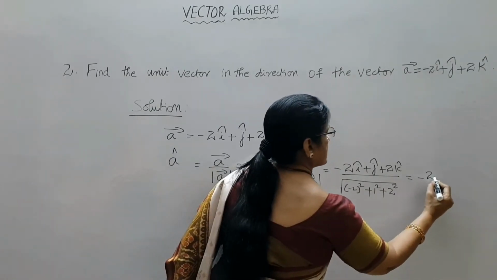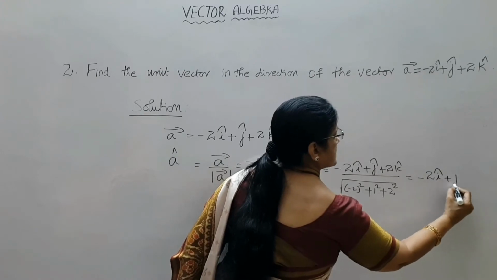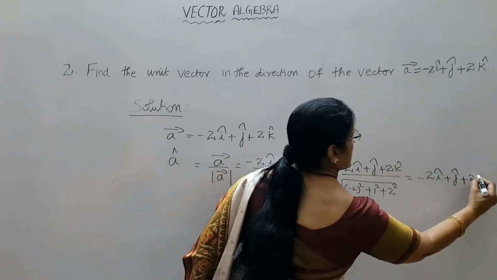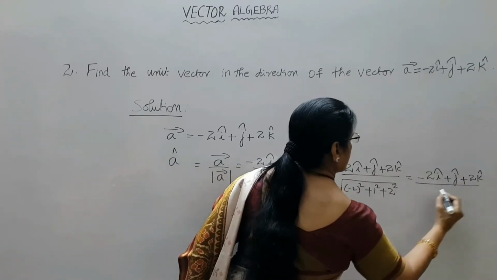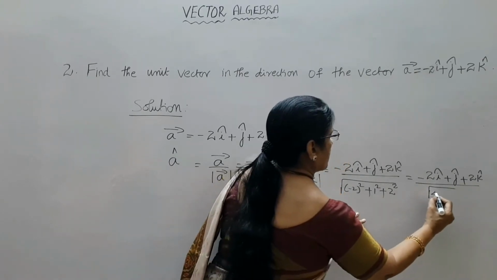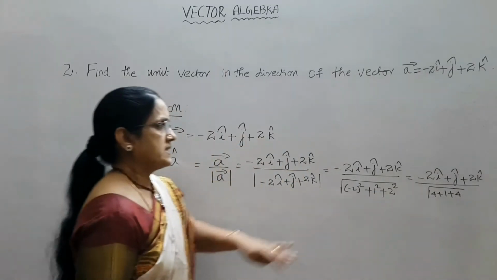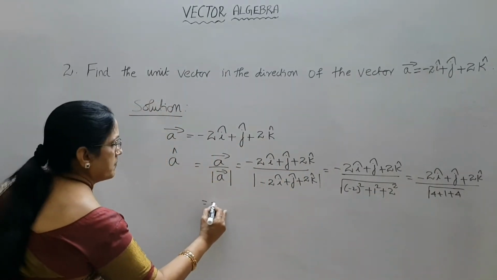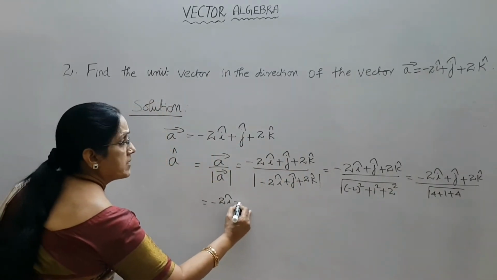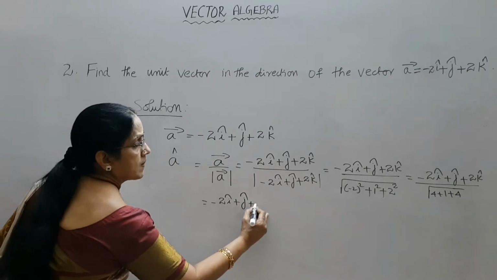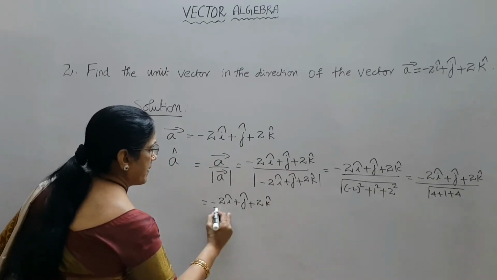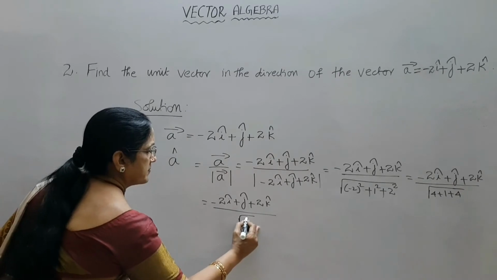This is minus 2i cap plus j cap plus 2k cap by root of 4 plus 1 plus 4, which is nothing but minus 2i cap plus j cap plus 2k cap by root 9.